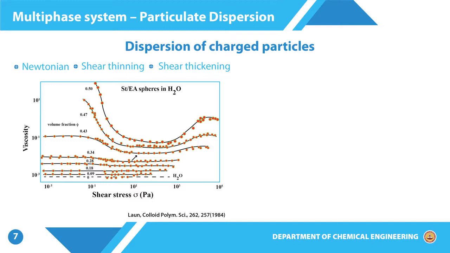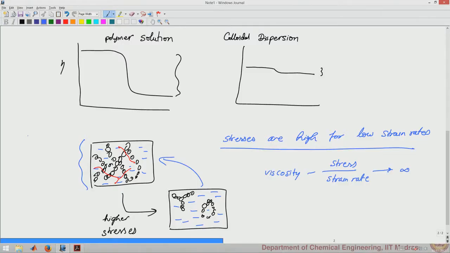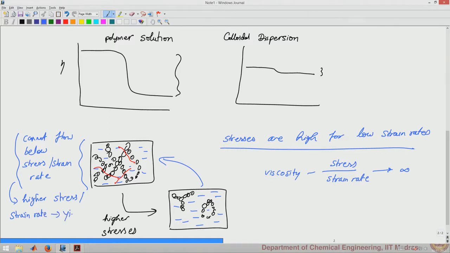The idea here being that this material cannot flow below a critical stress or strain rate, and once the stress or strain rate crosses higher than this, the material flows, or in other words it yields.